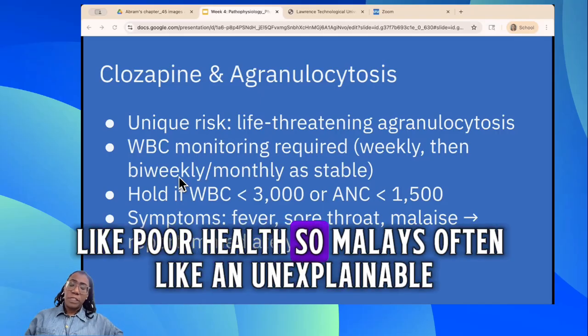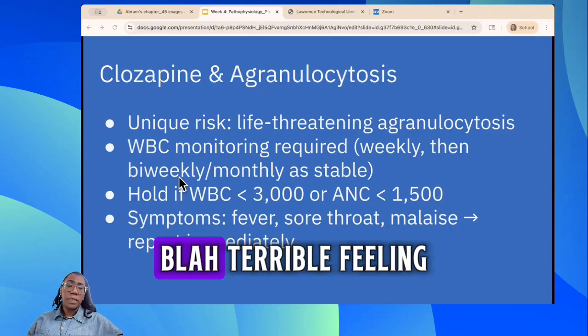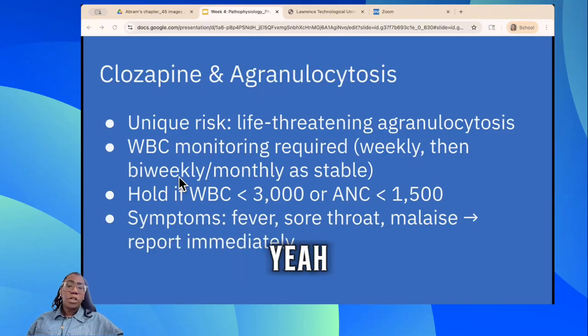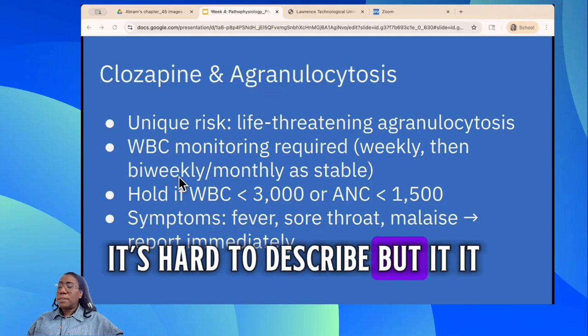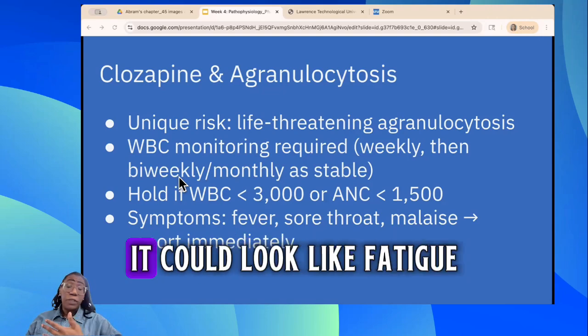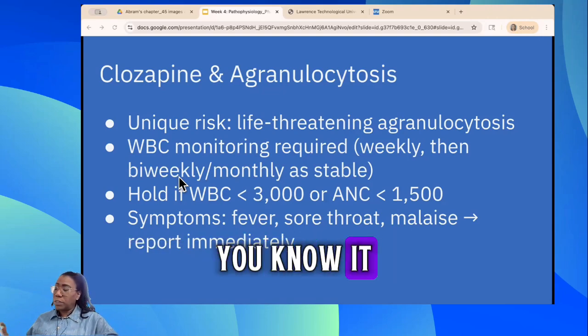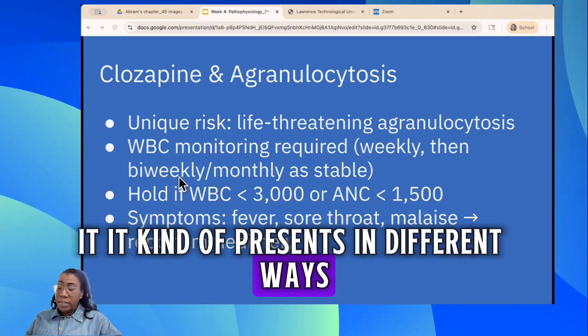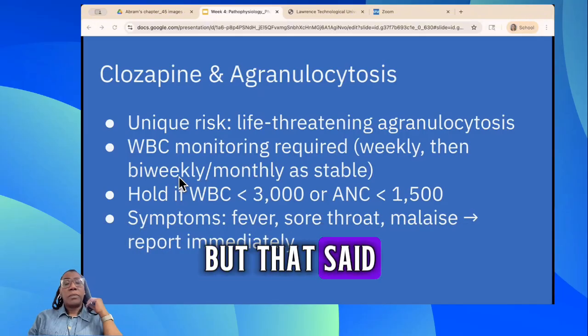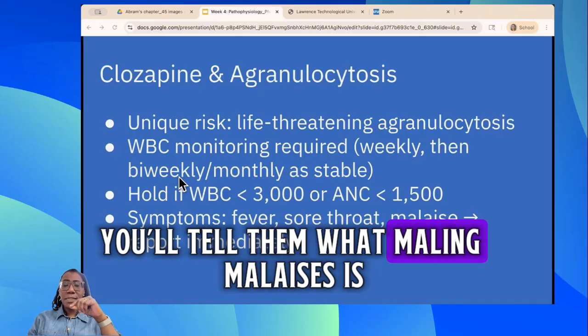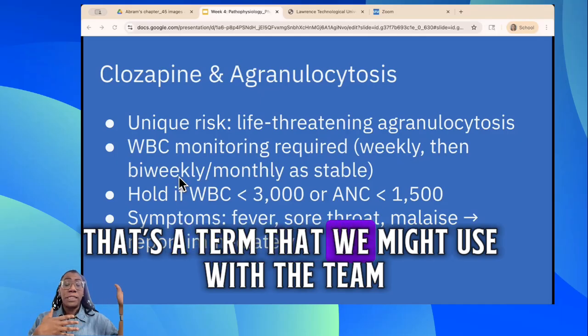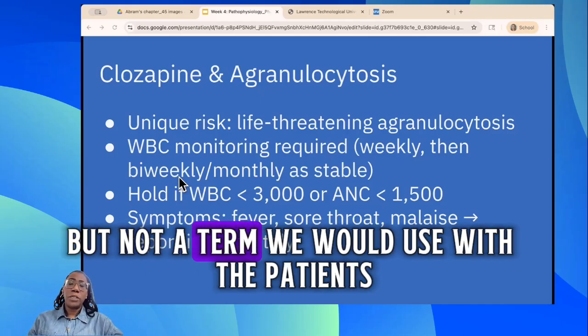So malaise is often an unexplainable, blah, terrible feeling. It's hard to describe, but it could look like fatigue; it presents in different ways. That said, you'll tell them what malaise is. That's a term that we might use with the team, but not a term we would use with the patients.